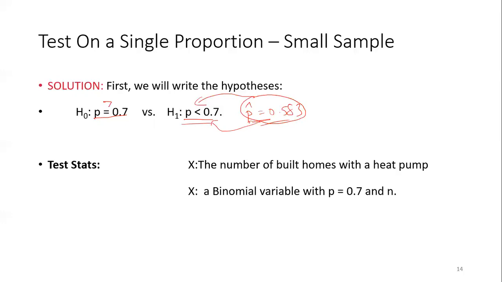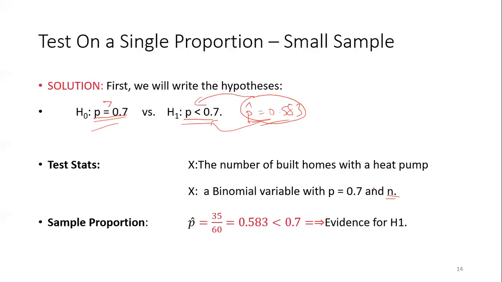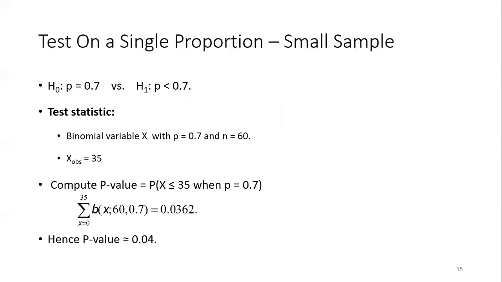The test statistic is x, which is a binomial random variable with p equal to 0.7 when H0 is true, and with n equal to 60. The sample proportion is 0.583, which is evidence for H1. My observed x is 35.